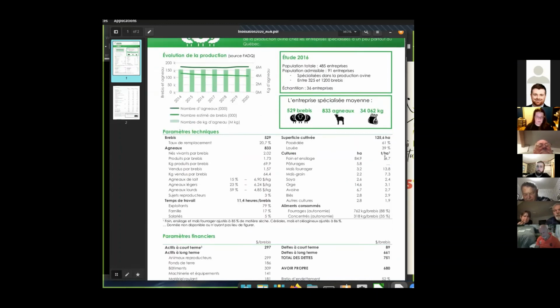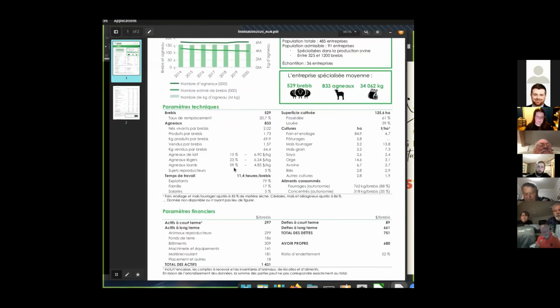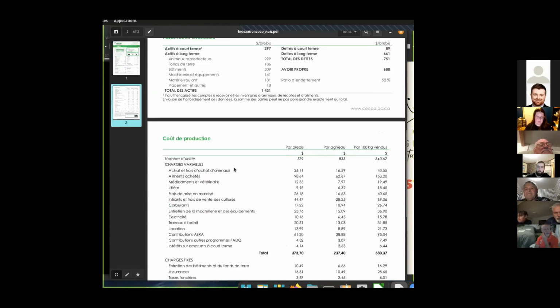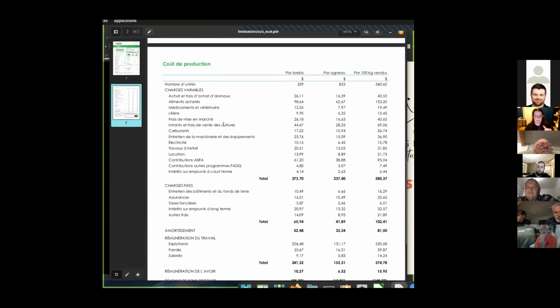And these are mainly base costs here, but the first column here is by the ewe, and this is their variable costs. This part is by lamb, so the 237 is by lamb, and the last number is per 100 kilos sold. They do actually include in here their ASRA contributions and other FADQ program contributions.